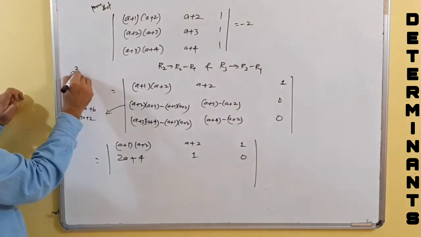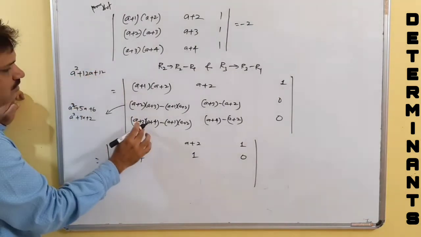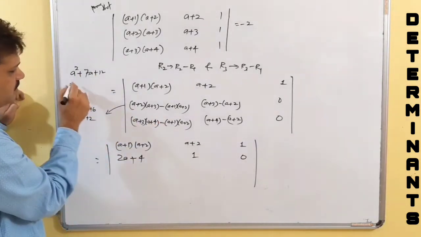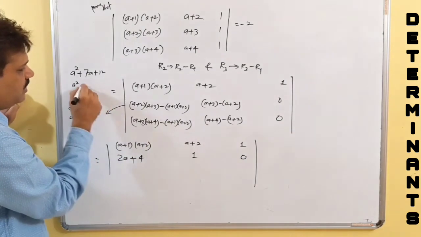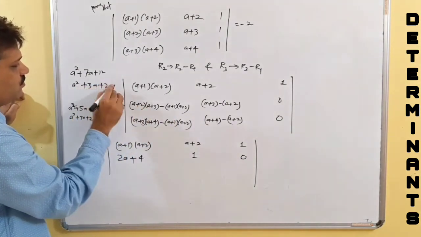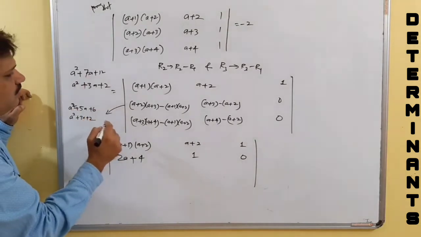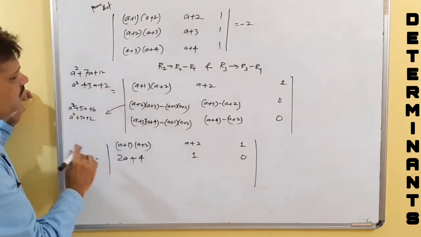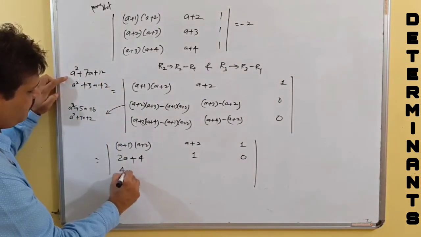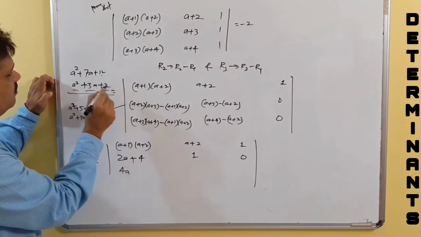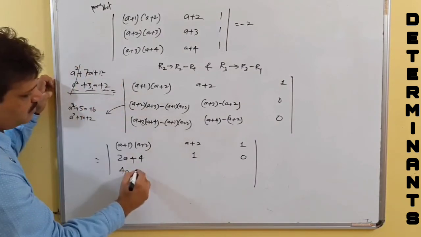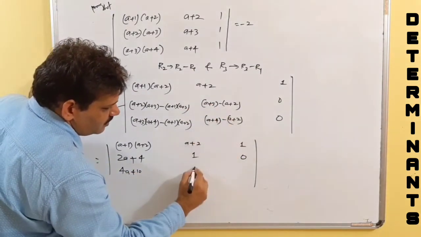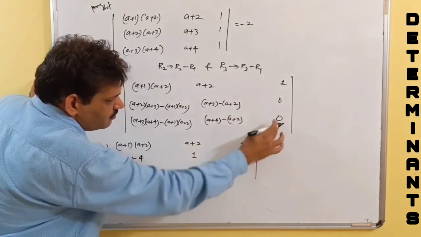Here again we have a square plus 12a plus 7a plus 12 minus a square plus 3a plus 2. So a square is cancelled, 7a minus 3a is 4a, and 12 minus 2 is 10. A plus 4 minus a plus 2, so a is cancelled out, 4 minus 2 is 2, and here you have 0.